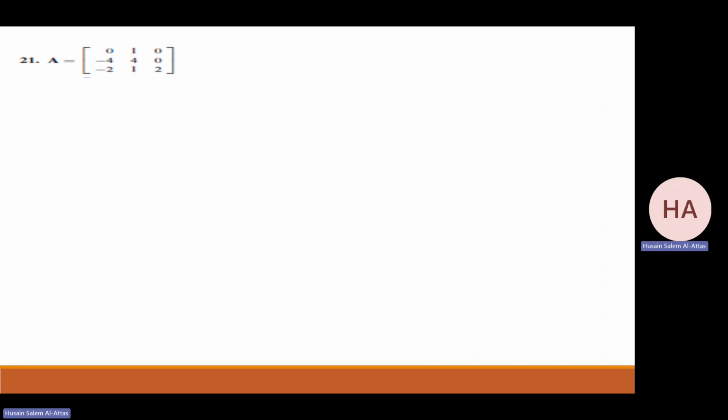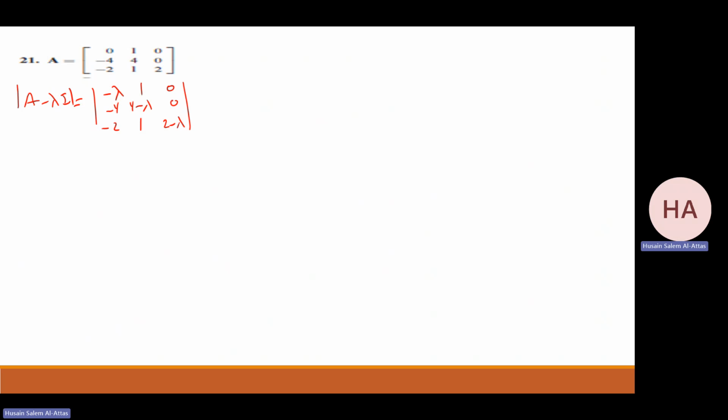Let me do the next one, 21. Hopefully it will be easier. I have A minus lambda I. That gives me: minus lambda, 1, 0; -4, 4 minus lambda, 0; -2, 1, 2 minus lambda.